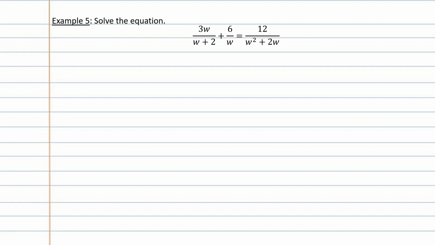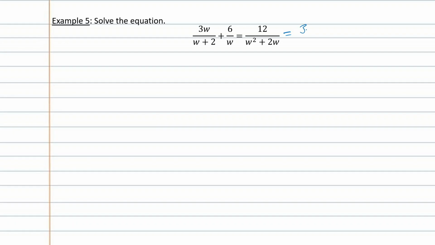Now let's go on to example 5. Example 5 is 3w over w plus 2, plus 6 over w, equals 12 divided by w squared plus 2w. Okay. Now, following the same frame of events, what I want to do is go ahead and factor, if possible.